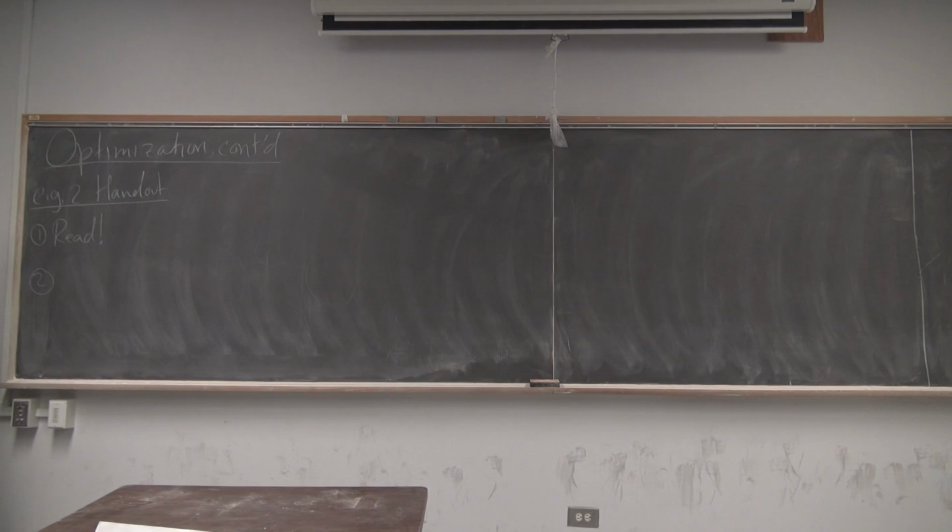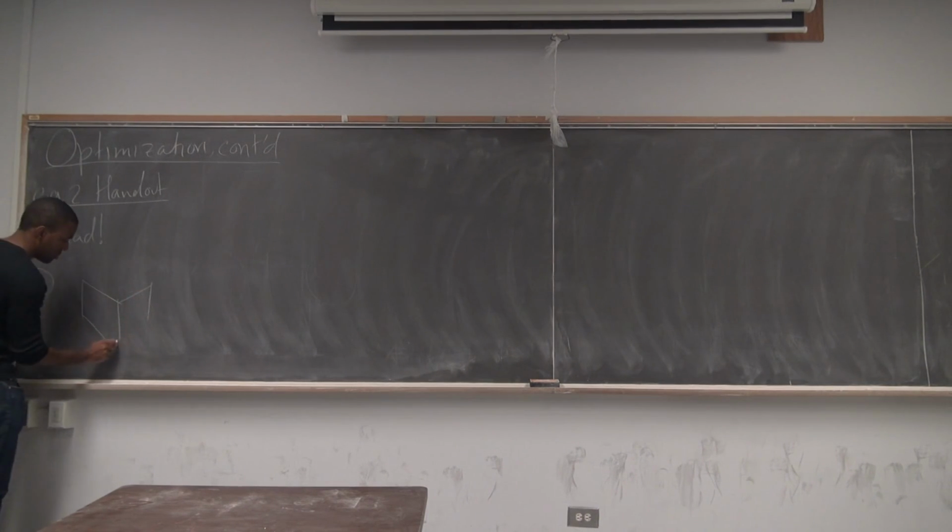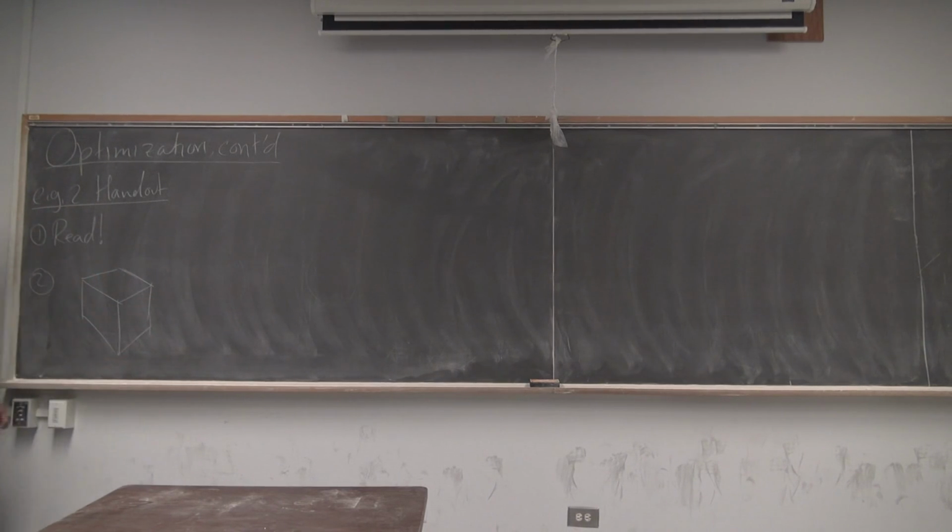Okay, so second step was to do what? Draw a picture. So here, they talk about a box. So we're going to draw a box. How are we going to label it? How do you label this box? Using X and Y. Sure. How?